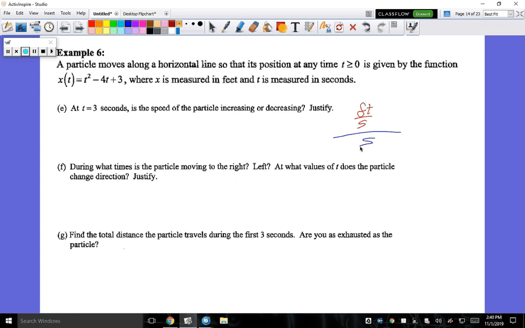So at this rate, if I were to differentiate one more level, it's the same as dividing by seconds, so it becomes feet per second squared. See what I'm saying?